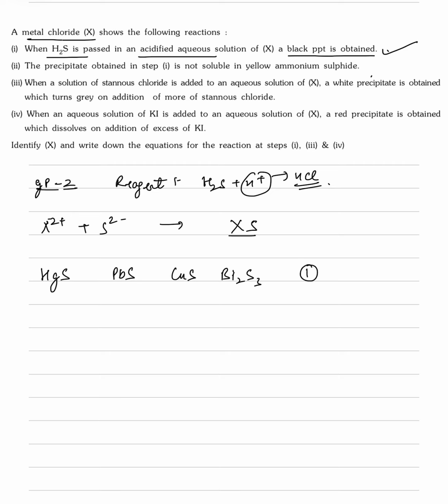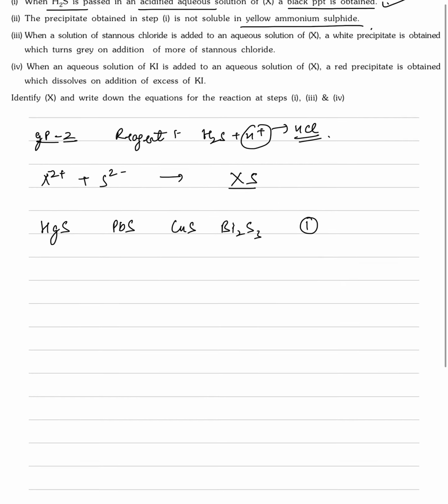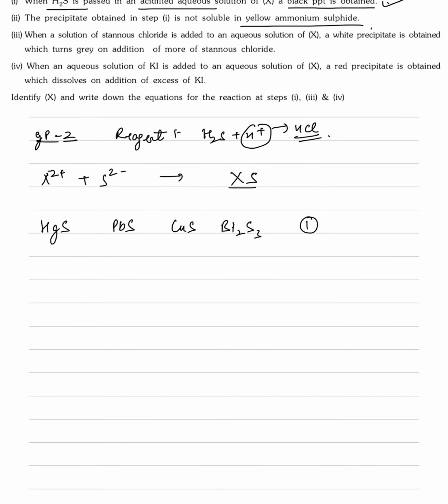The precipitate obtained in step 1 is not soluble in yellow ammonium sulfide, right? Now we know that the group 2 ions, group 2 basic radicals, are classified into 2 categories based upon their solubility in yellow ammonium sulfide, right?